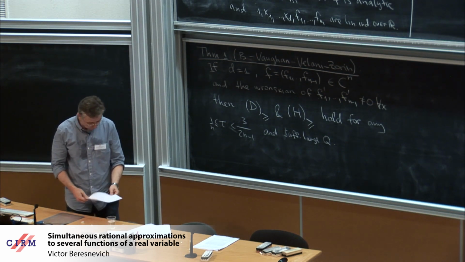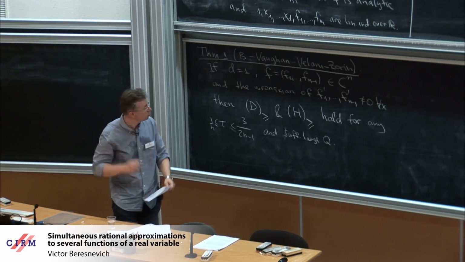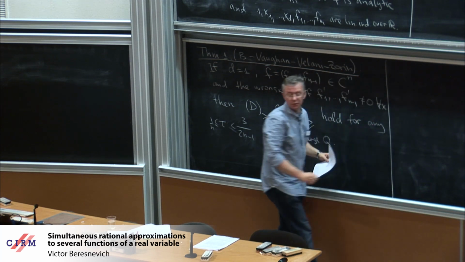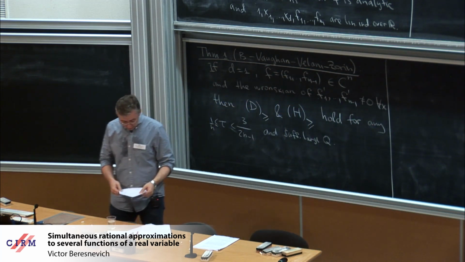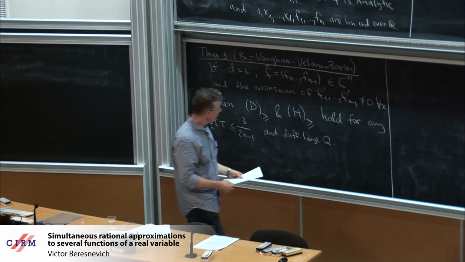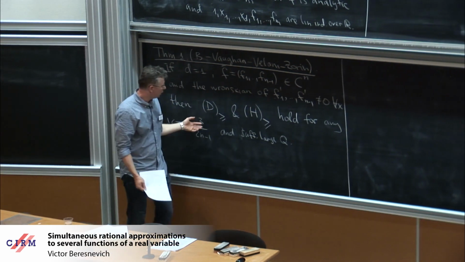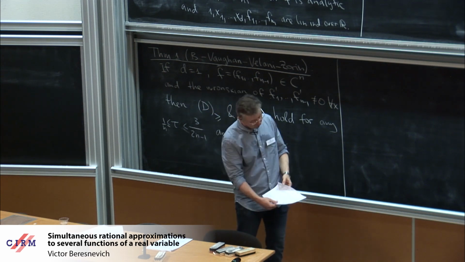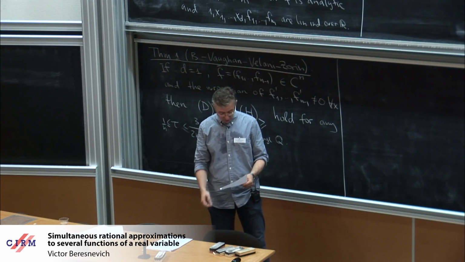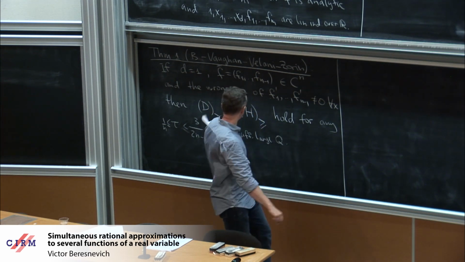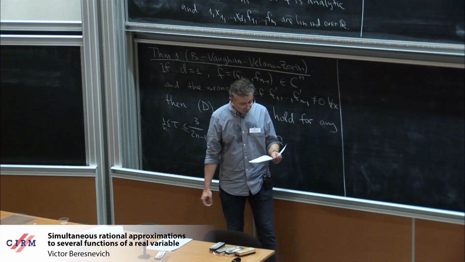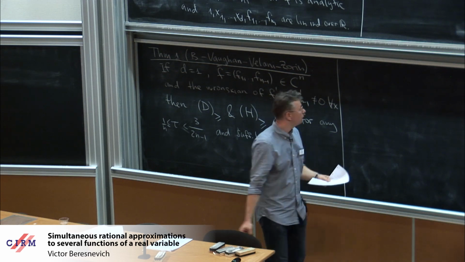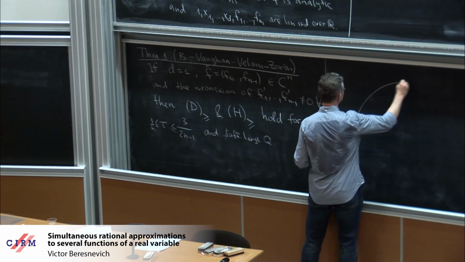Right, so let me just briefly explain the approach. How do you go about showing, for example, constructing rational points near the manifold parameterized by these functions? The idea is quite simple. You use linearization. So let me draw a picture.